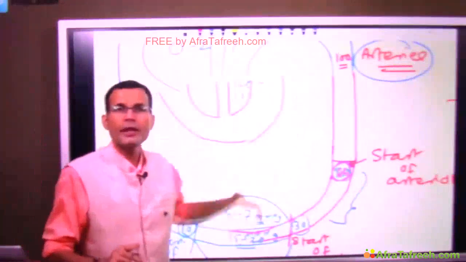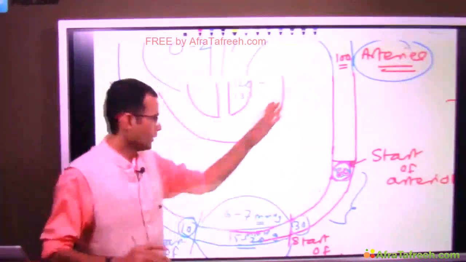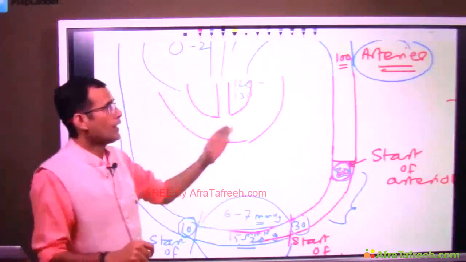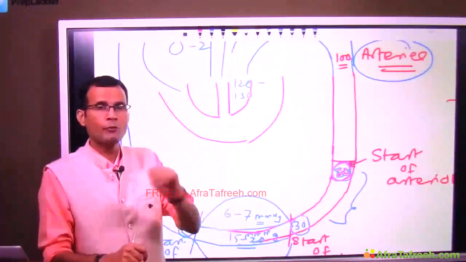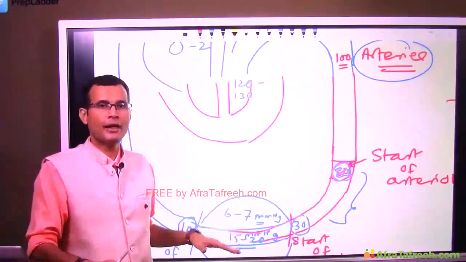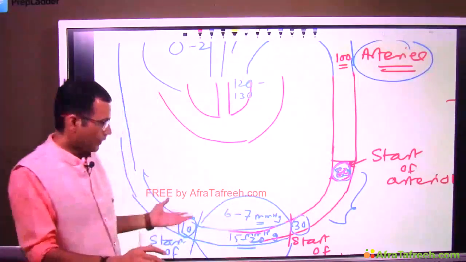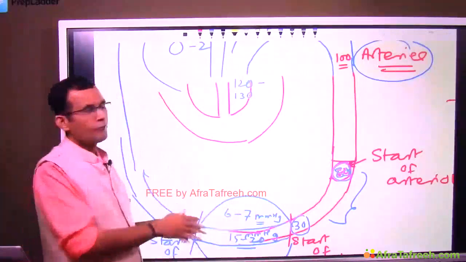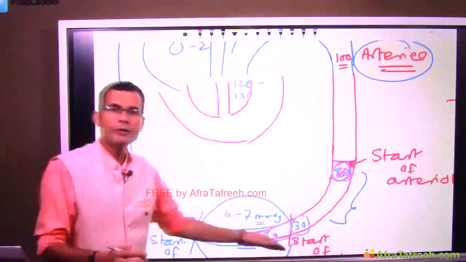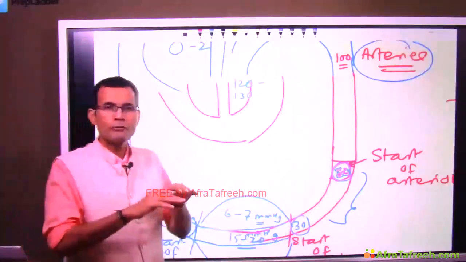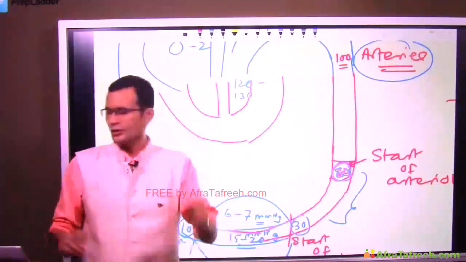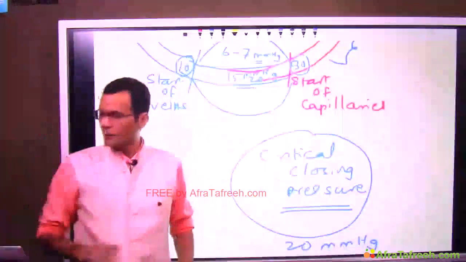This pressure gradient, 100 to 20, is a pressure gradient that is driving the blood. But if the arterial pressure itself drops below 20, that pressure gradient will be completely dissipated and in fact even reversed. And then the blood flow cannot happen. There is no pressure in the circulation to drive the blood through the capillaries. So blood flow will stop and the vessels will close down. So that pressure is called the critical closing pressure.